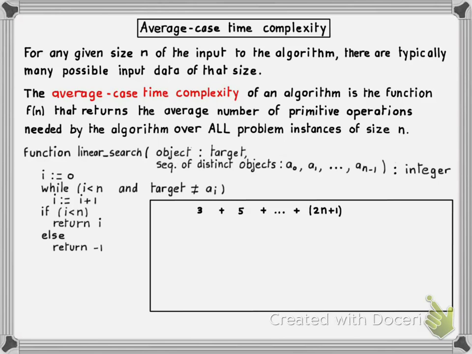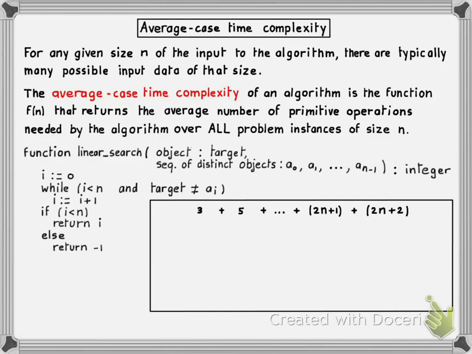So we're going to get a total of 2n plus 1 comparisons plus 1, or 2n plus 2. So notice we have now the sum of all the numbers of primitive operations executed in every case. Before we divide by the number of cases, which is n plus 1, let's try and simplify this sum.